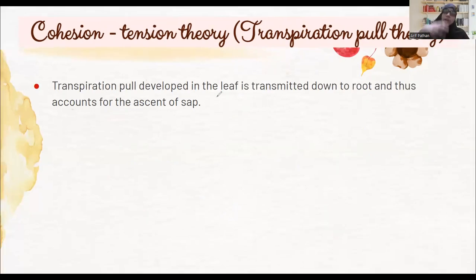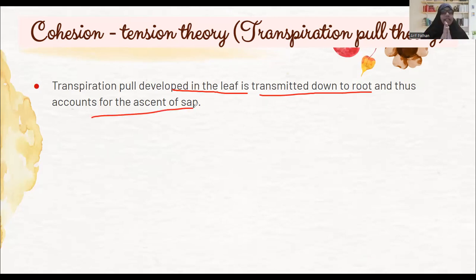Because of the water deficit on the surface of the leaf, there is a need of water, and a signal is sent to the lower parts of the plant for more conduction of water. This pull developed at the top in the leaf is transmitted down to the stem, then finally to the roots, and thus it accounts for the ascent of sap.